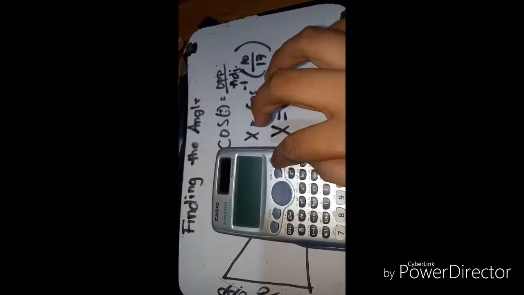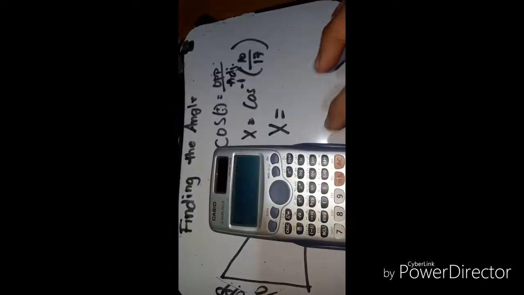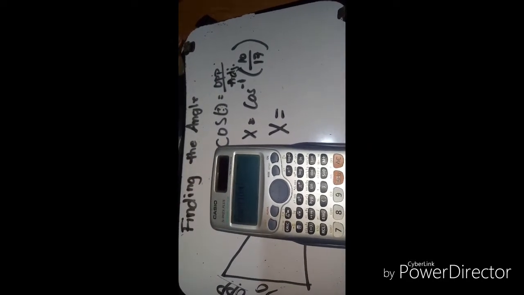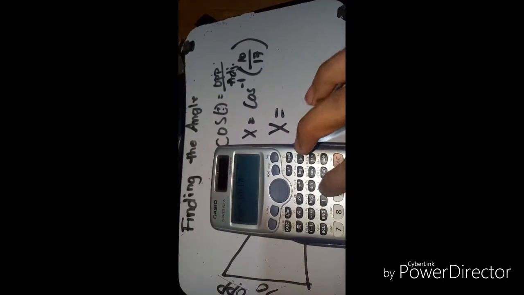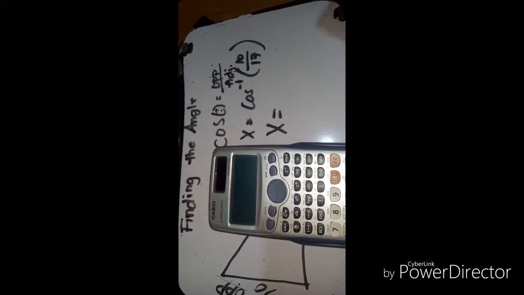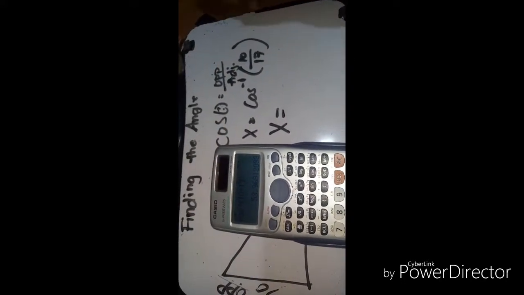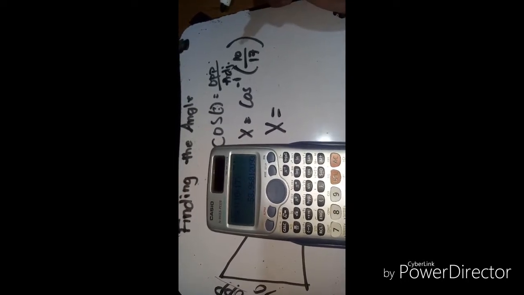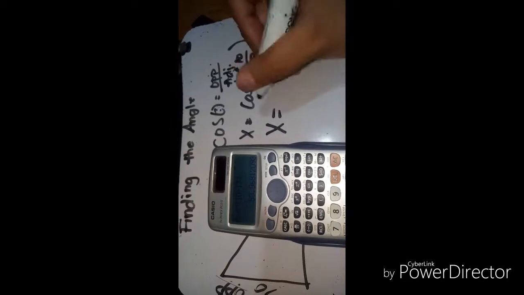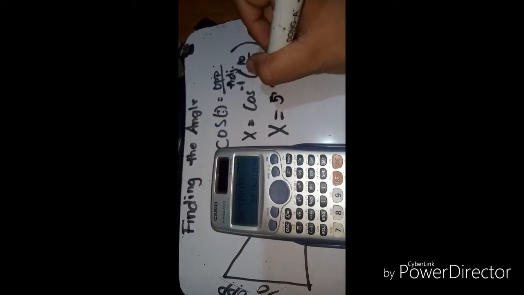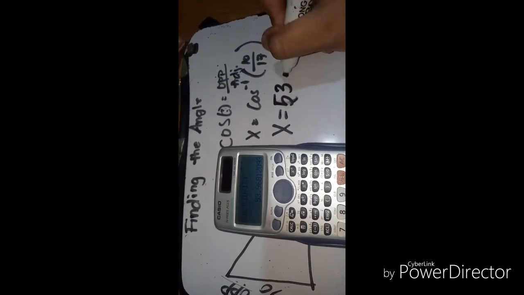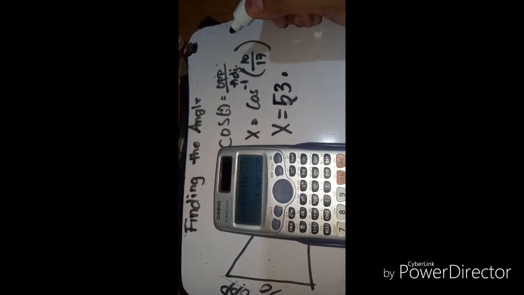So shift cos, 10 divided by 17, which is the opposite over the adjacent, equals 53.96812093. So we're going to write only 2 decimal points, which is 53.968.